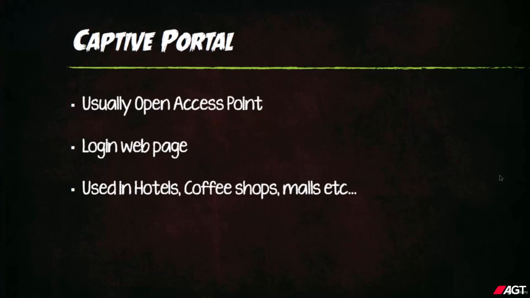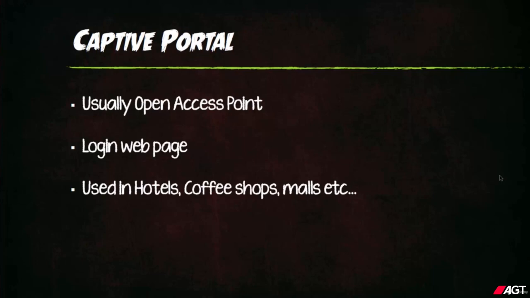These captive portals are usually in hotels, coffee shops and malls, where you have to log in through your Facebook, or, if we talk about hotels, you have to log in with the room number and your username, etc. So this is how captive portal works.